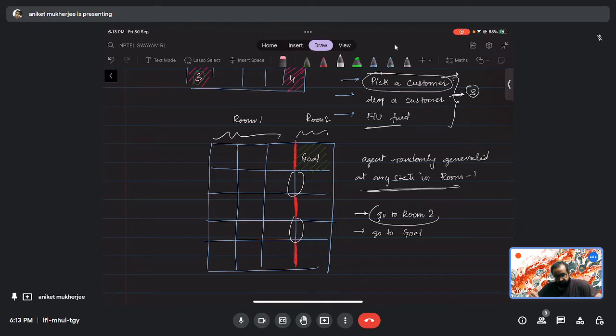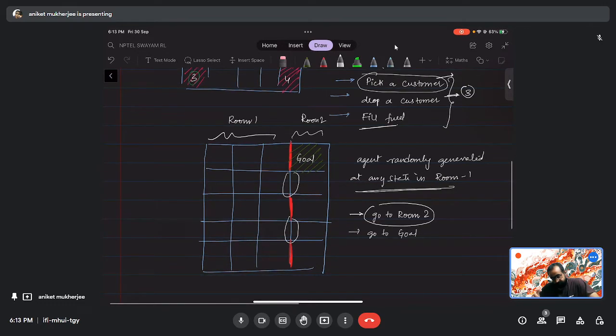So first, you would get an optimal policy for the first problem. You could use any basic value iteration, and you will converge to this type of policy.